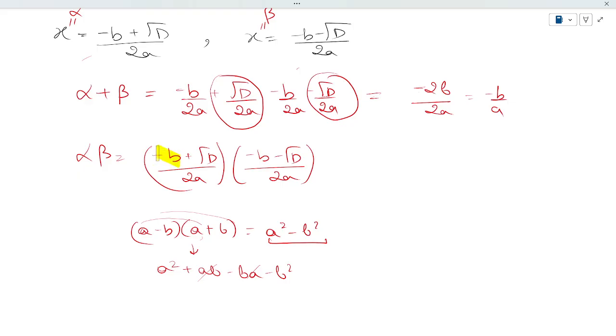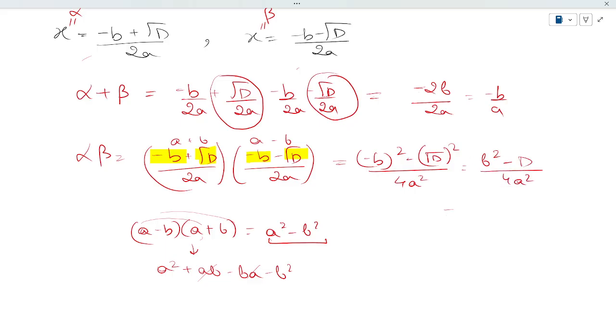Here, if you take a as minus b and b as under root d, then a plus b times a minus b will be a square minus b square, right? And in the denominator we multiply, it gives 4a square. Minus b whole square will be b square and under root d square will be d. We know the value of d, it's b square minus 4ac.